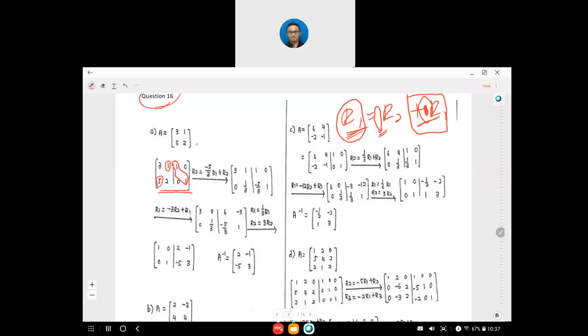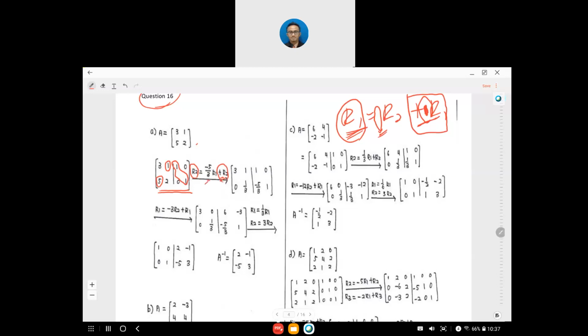Okay, so by referring to your friend here, he changed R2 first. R2 you want to change, and then look here. Positive R2 only. Awak tak boleh buat apa-apa selain daripada positive R2 here. Yang you kena ubah apa?